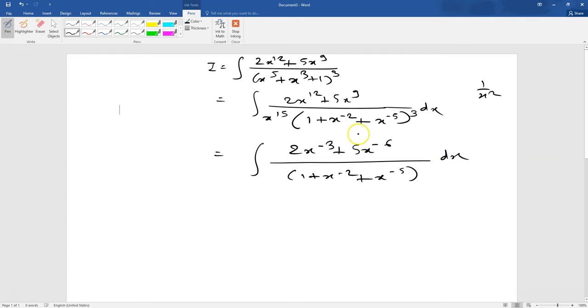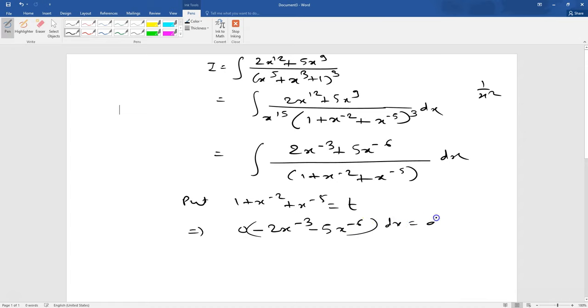right? So let's put 1 plus x raised to minus 2 plus x raised to minus 5 is equal to what? T. When you take this as a t and take a derivative, 1 का डेरिवेटिव 0, इसका डेरिवेटिव आएगा minus 2x cube minus 5 x to minus 6 dx is equal to what? dt.